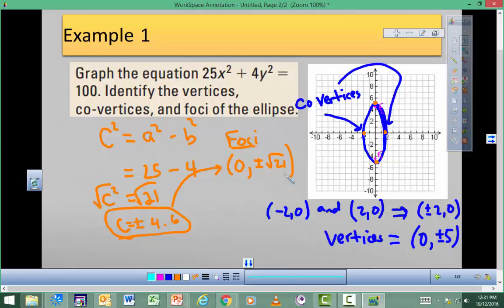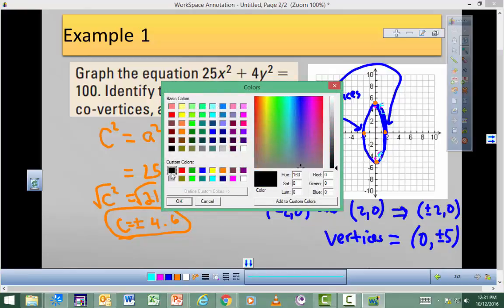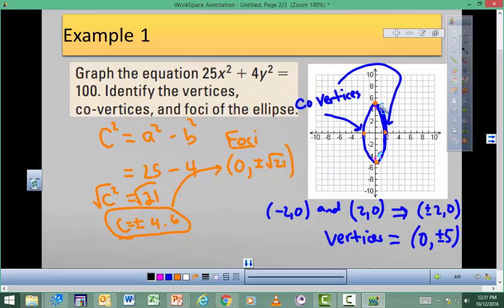Let me try a different color. Let me use black instead. You can call them F1 and F2. So right there, 4.6 or so.